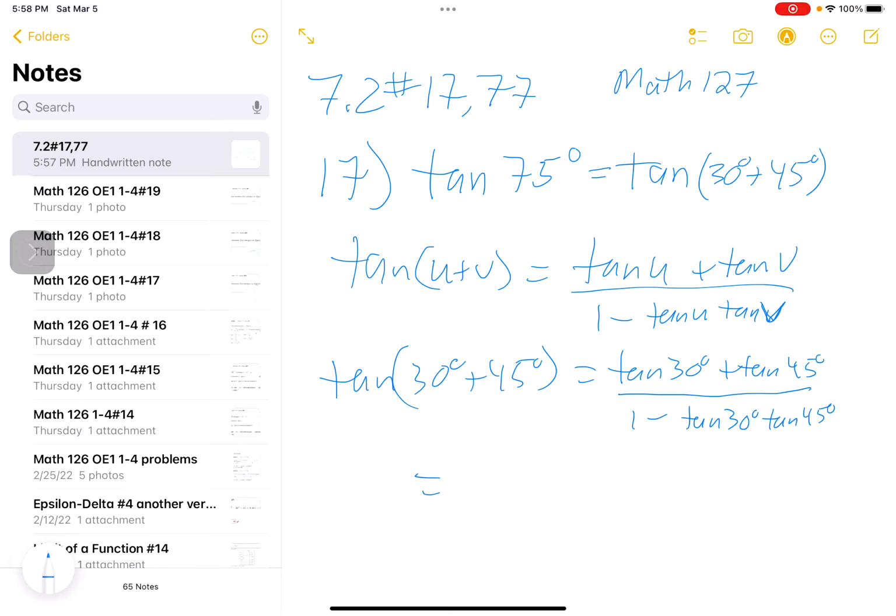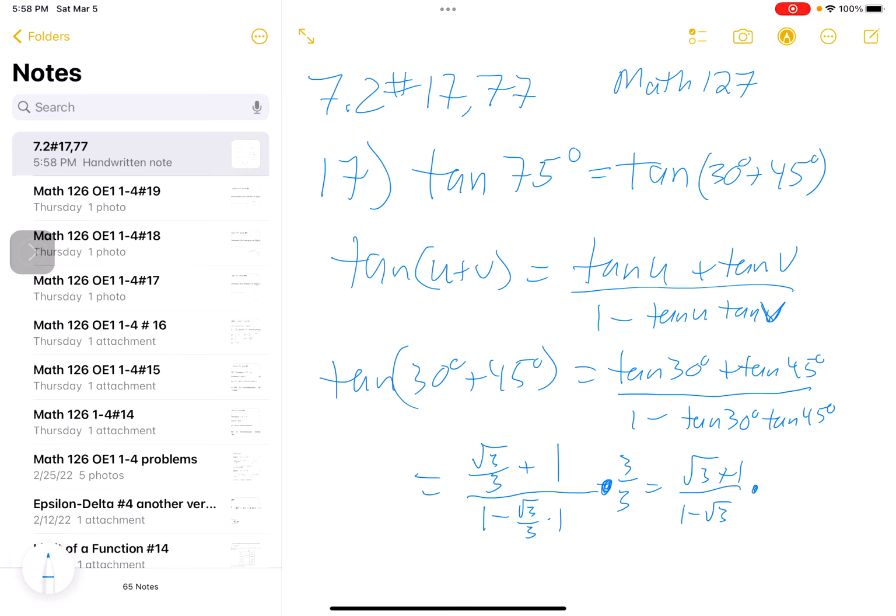Tangent of 30 is square root of 3 over 3, plus tangent of 45 is 1, over 1 minus square root of 3 over 3 times 1. To make this easier, I'm going to multiply by 3 over 3, clearing out the fractions. I have the square root of 3 plus 3 over 3 minus the square root of 3.